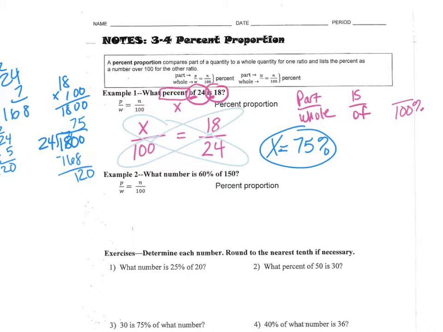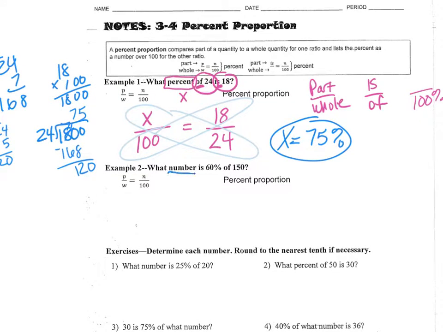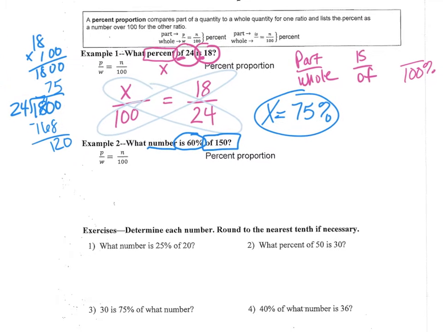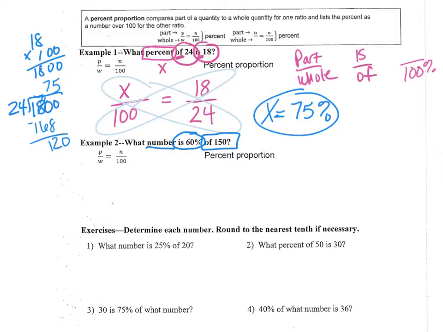Okay, so then let's look at a different type of question on example 2. It says, what number is 60% of 150? Okay, so they gave me a percent this time. So still, what's that going to be on top of? 100. Well, they gave me the percent, so I'm going to put 60 on top of 100.